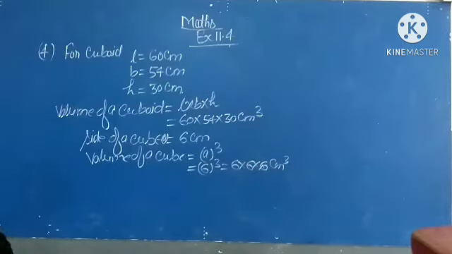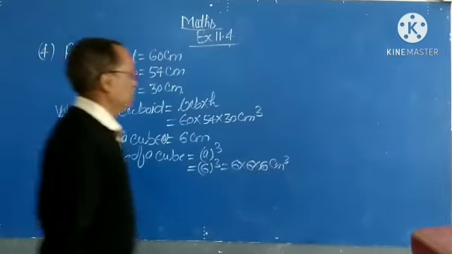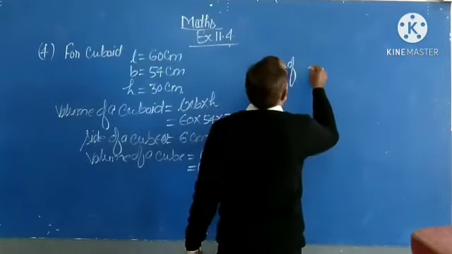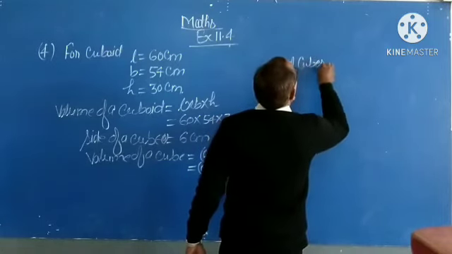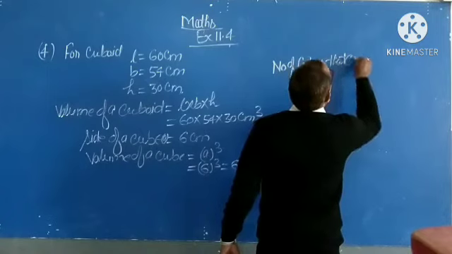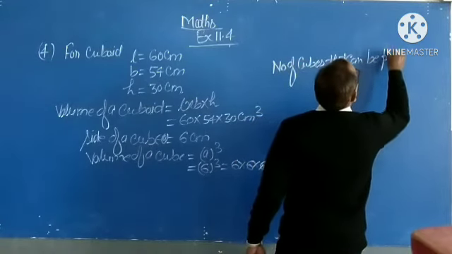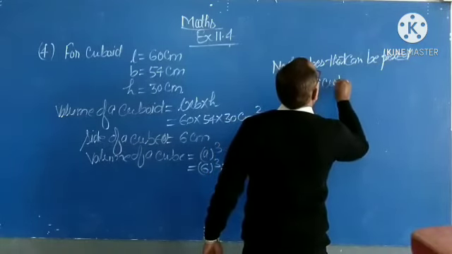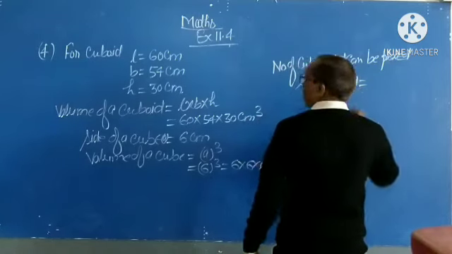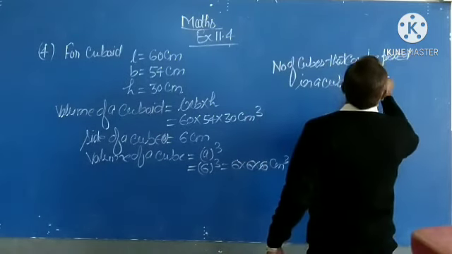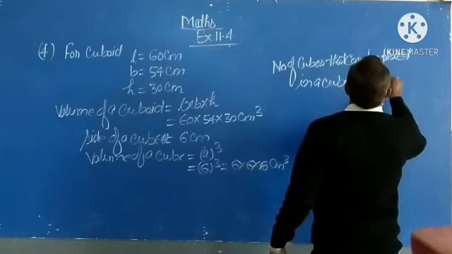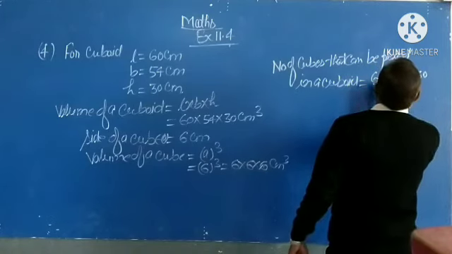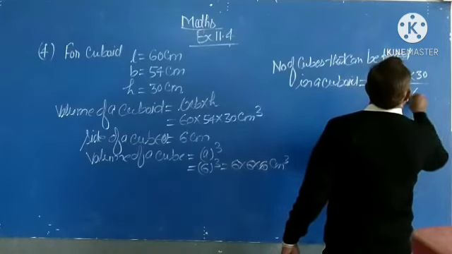Then you find out the number of cubes that can be placed in a cuboid. Number of cubes that can be placed in a cuboid is equal to volume of cuboid 60 into 54 into 30 upon 6 into 6 into 6.